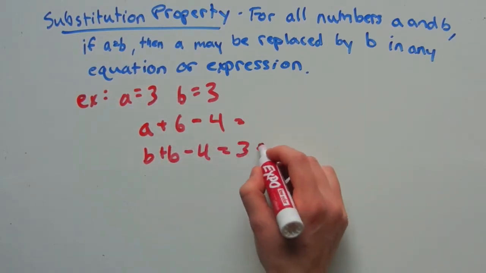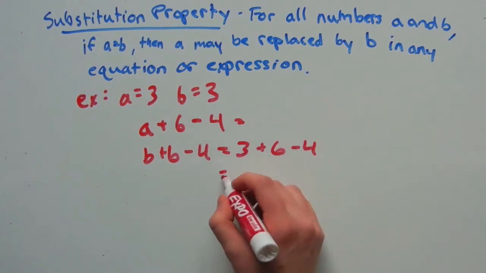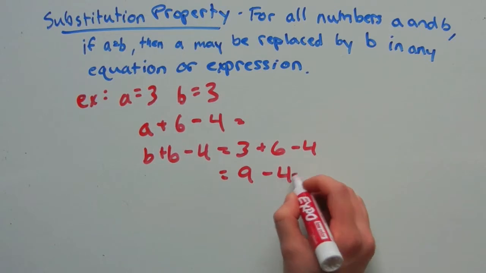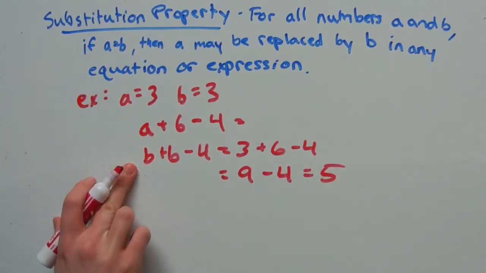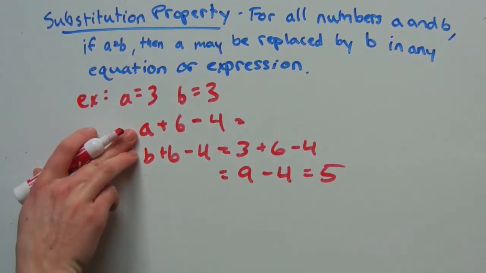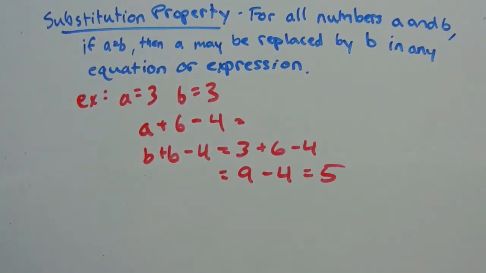So 3 plus 6 minus 4 is going to be 9 minus 4, which is equal to 5. So a and b are easily replaced by b or a. As long as one variable is equivalent to the other, they are interchangeable.